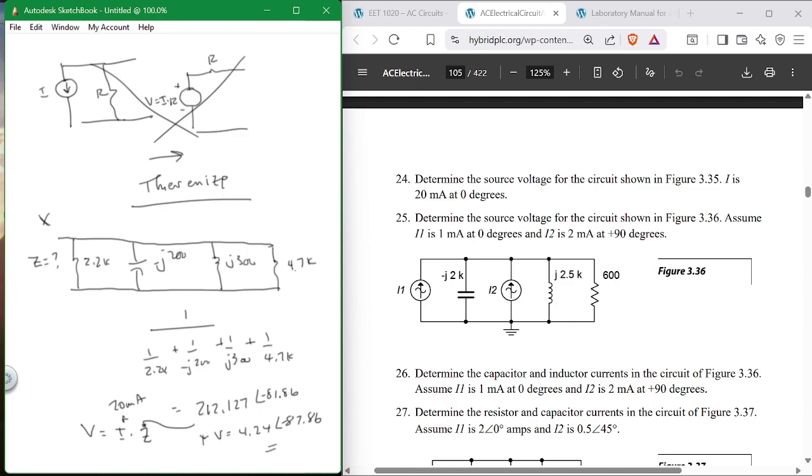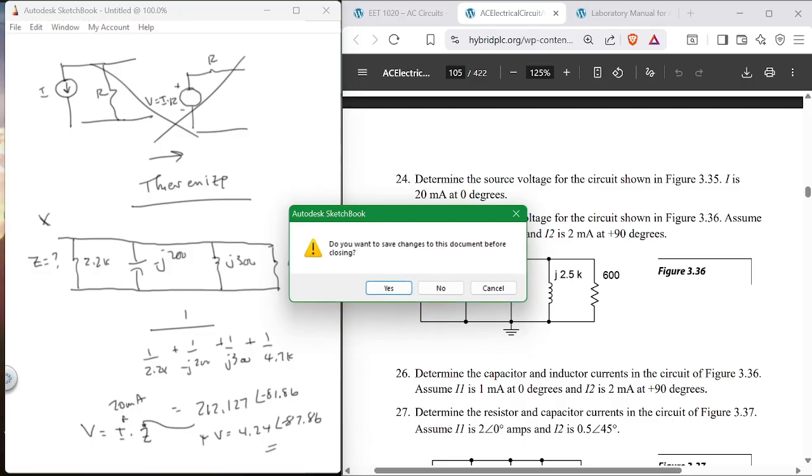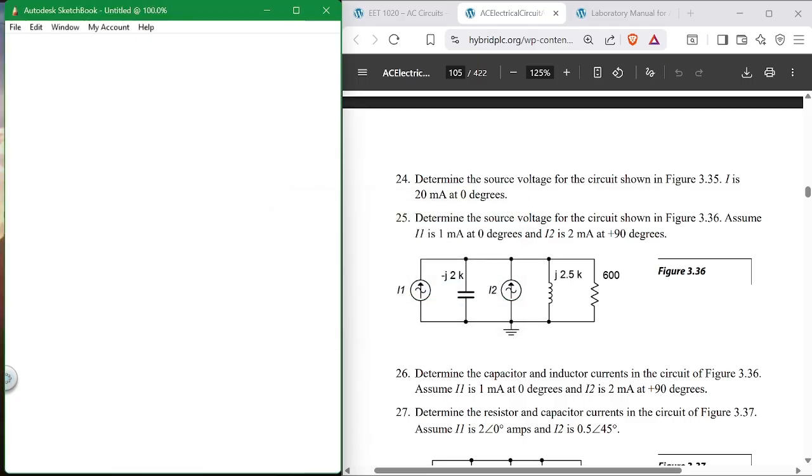Okay, now this is another one. Oh my goodness, this has got two current sources in them. What do you do with that? And they're out of phase with each other. So what do you do? For 25, you add I1 plus I2 vectorially.